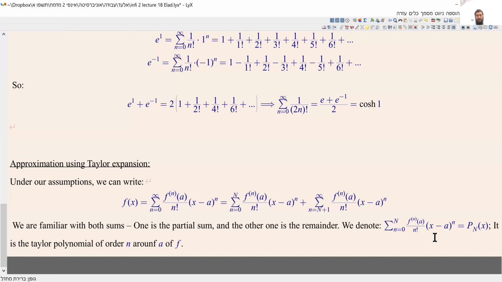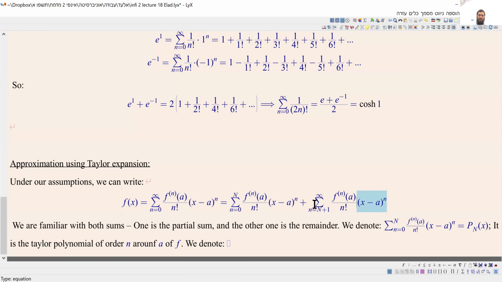We already know that the rest of the sum, the infinite remainder, is denoted with R_n. Right now it depends on x. For every x you put, you get a different series with a different remainder, so it's R_n(x).